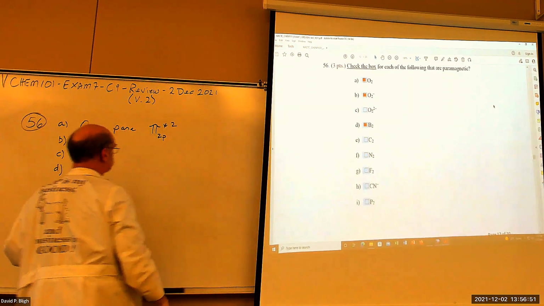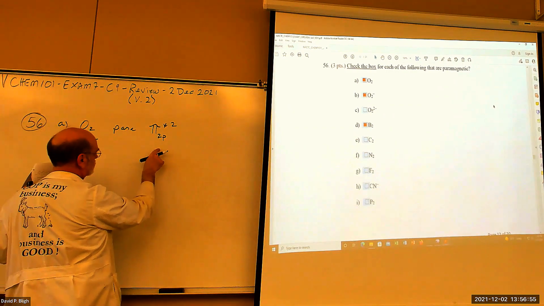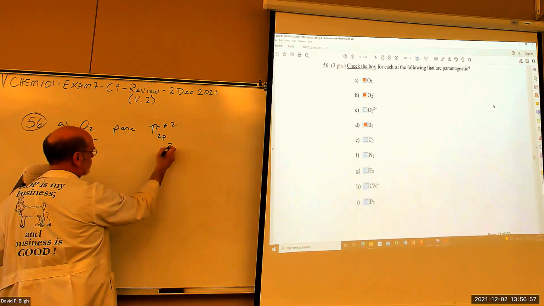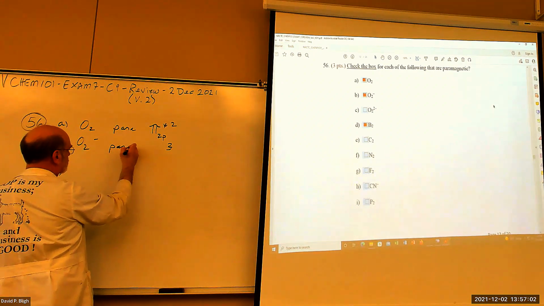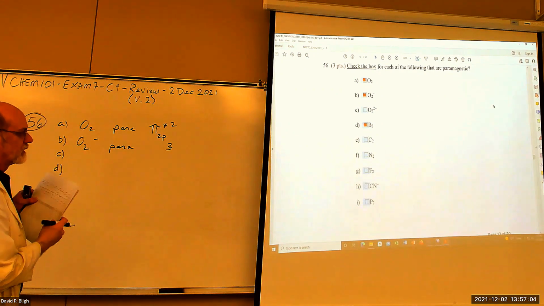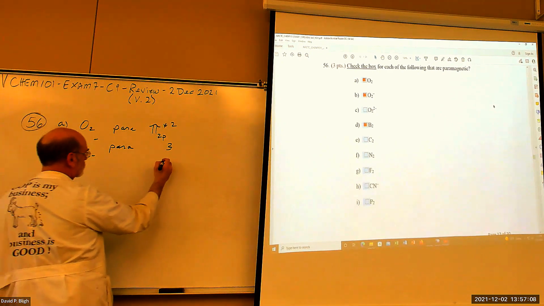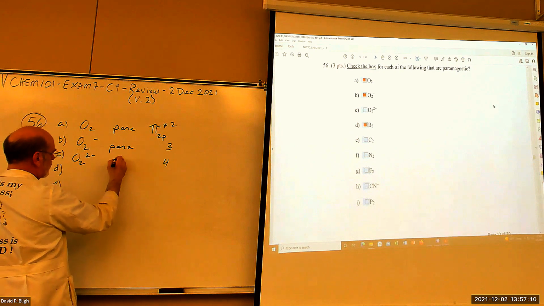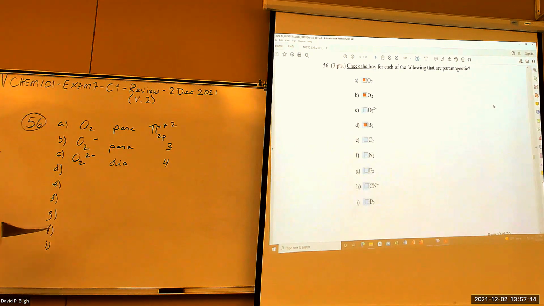There are 2 of them. So if we add another one, what's that going to do? It just changes that to 3, right? But you still got 1 unpaired. So that ion is also paramagnetic. But if we add another one and make 4, now they're all paired. And that ion is diamagnetic.